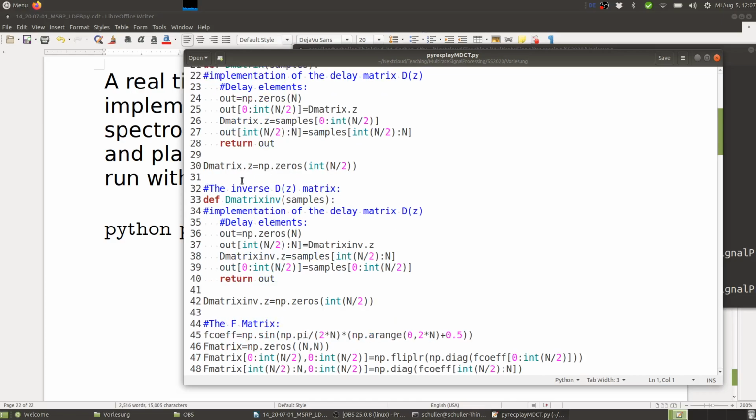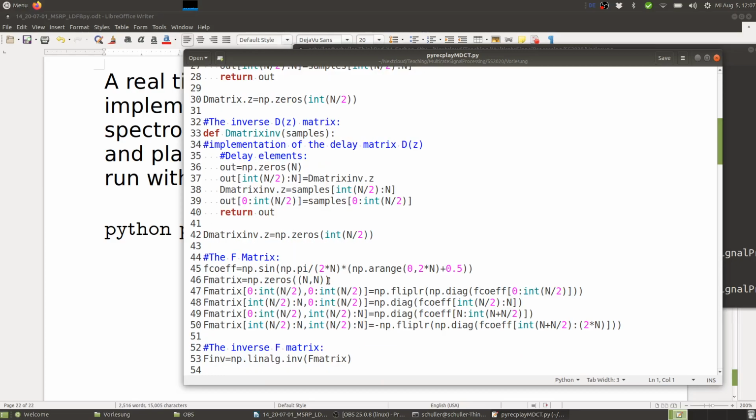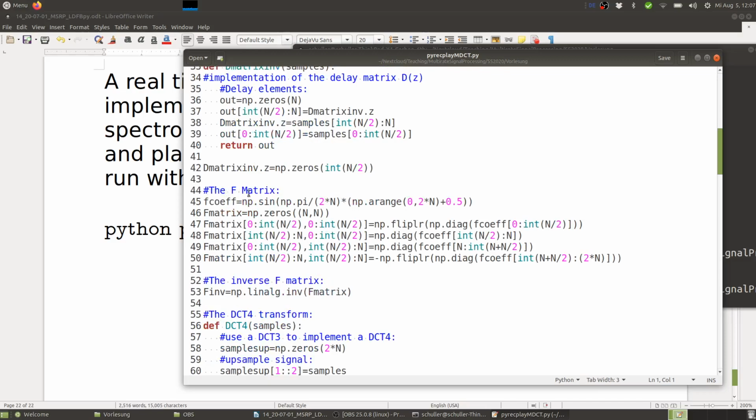Then we have the same thing for the inverse D matrix. Remember, the inverse D matrix had the delays on the second half of the blocks and the lower half of the diagonal, which you can see also here. So this is the second half of the blocks, which is delayed correspondingly. Here we have the F matrix. For the F matrix, I'm using the sine window, which we saw last time.